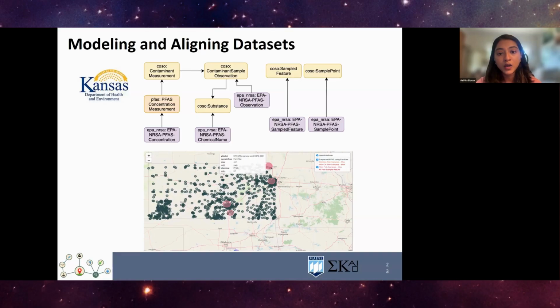And this is also an ongoing work. We are trying to get in more data from them. And you'd see in the graph on the map below that we have modeled and aligned this data set, and you could see in green dots there are suspected PFAS facilities and some overlap with the pink dots, which are the data from KDHE, which also have those facilities which have PFAS contamination.